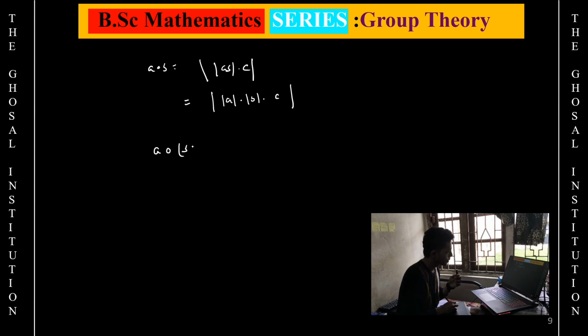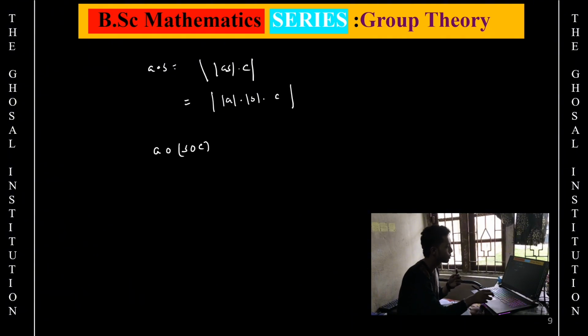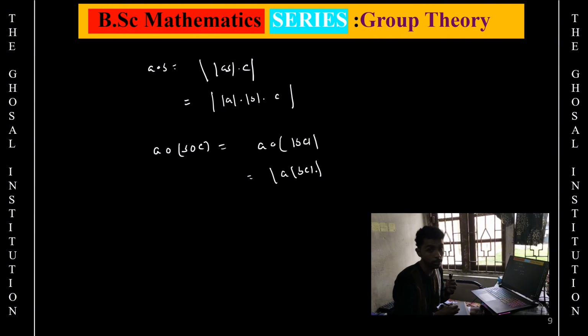A compose B compose C, we have already done. I have to do it the other way: A compose B compose C means mod of BC, and then it means A into BC. Now tell me, is this equal or not? So I can write it as A mod B mod C, whole mod.